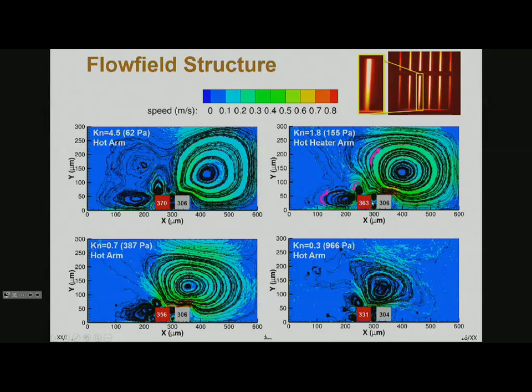That was due to these high temperature regions, because the difference in temperatures here is 64 degrees, right? This is a 20 micron gap. So that ends up being a very large temperature gradient, over 1,000,000 degrees per meter. And that creates these very interesting flow fields here.